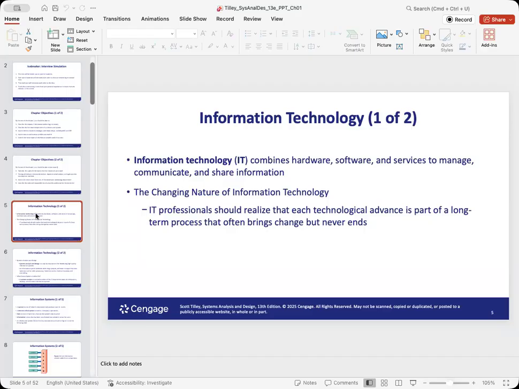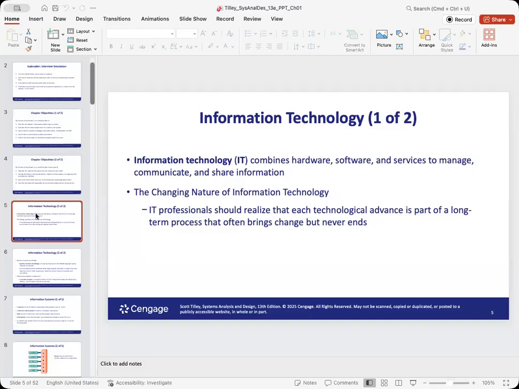All right. Now, as you said, it's the combination of hardware and what are hardwares? Please, they are physical components that can be seen and touched. All right, physical components which can be seen and touched, and then software and also services to manage, communicate, and share information.